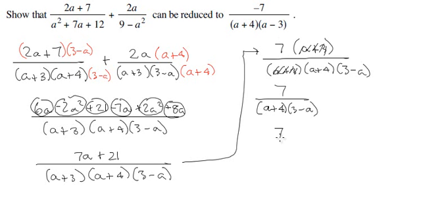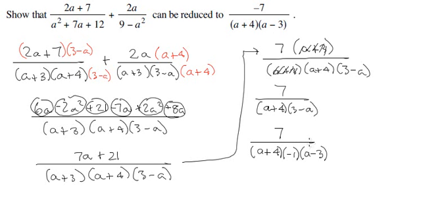We can't do it at will. Not quite, but here's what we can do. We have a plus 4. We can factor a negative 1 out of this term. Minus 1 comes out, and that leaves us with negative a divided by negative 1 makes a. 3 divided by negative 1 makes negative 3. That's more like it.